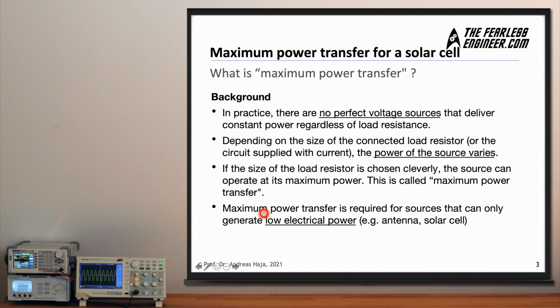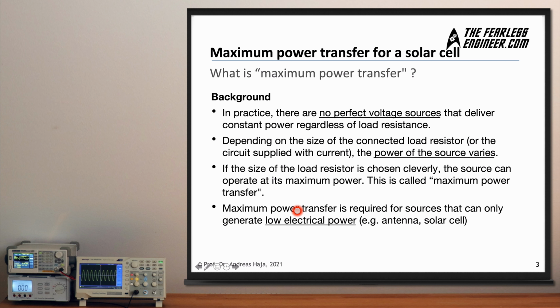The last item here is that maximum power transfer is especially useful for sources which only generate a very small amount of electrical power. This might be a reception antenna, an antenna for receiving very weak signals. Such antennas need to make most efficient use of the electrical power from the signal which they receive.